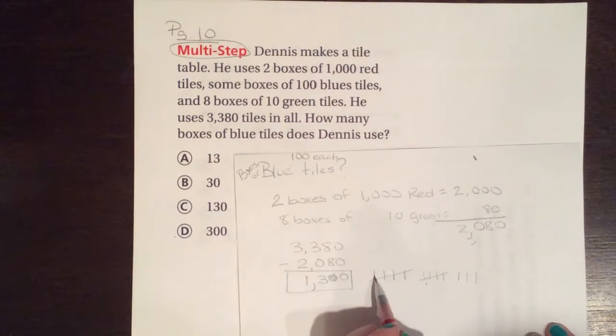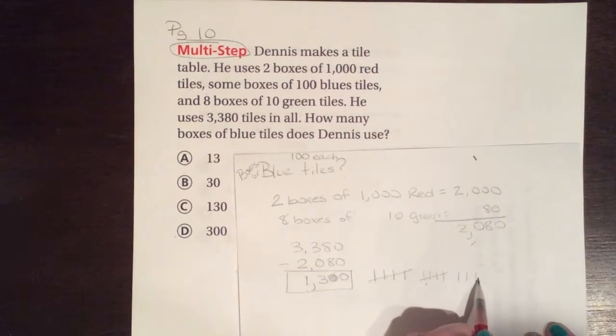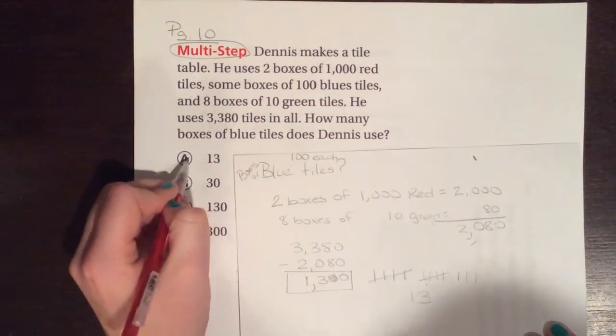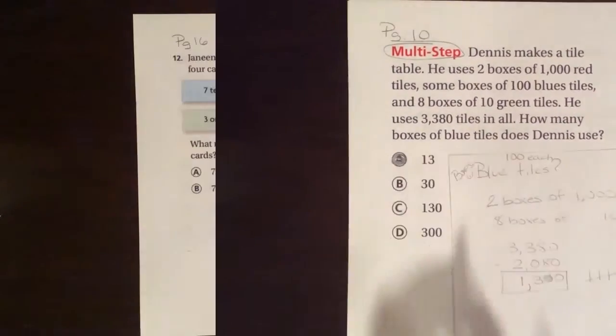So these each represent a box of 100 blue tiles. Then we have 13 in all. So our answer is 13 boxes of blue tiles.